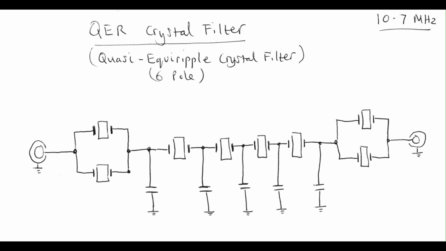So this is actually a 6-pole QER filter, even though it actually uses 8 individual crystals, because on the input and the output they are doubled up, they're in parallel. And so what this means is it splits the signal. So technically, it kind of reduces the input and output impedance, apparently. You wouldn't think it when you look at mine in a minute.